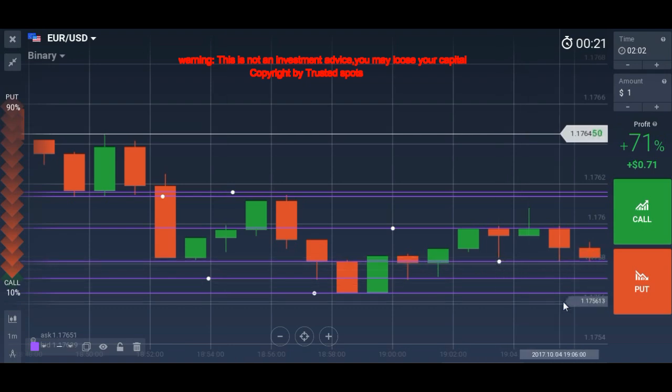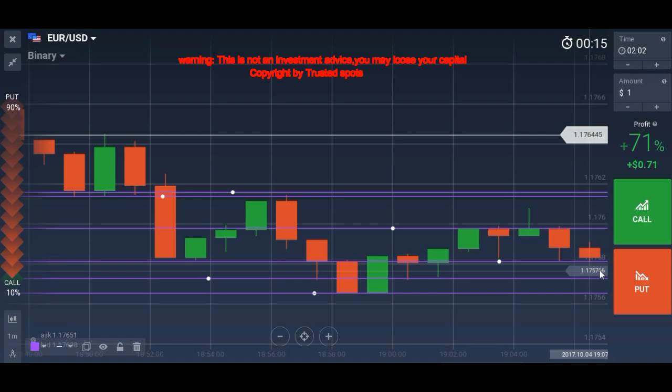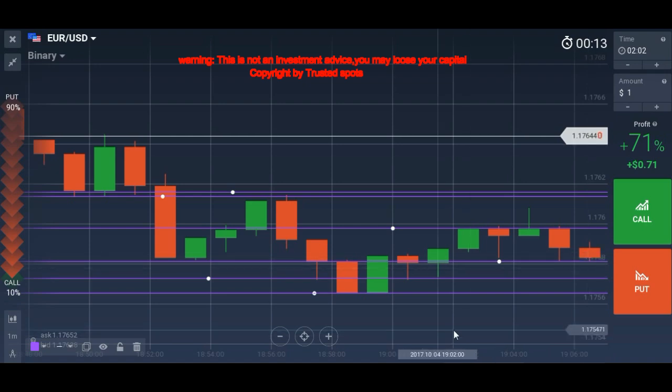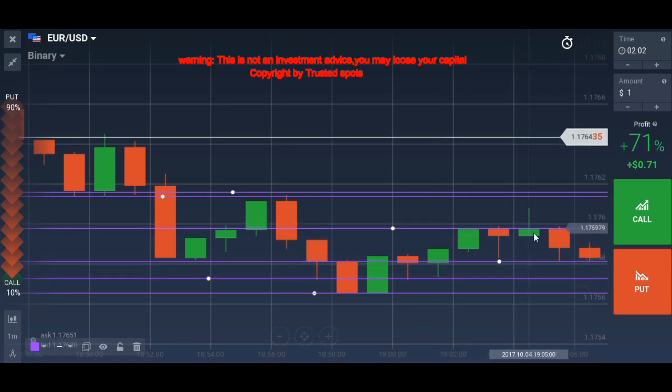Then again the market tried to go down and closed just above with a small wick. Small wick shows small rejection, but it shows that the market is not in proper control of sellers, because they are trying for the last 2 minutes, but they weren't able to break it, and it closes at the support level.